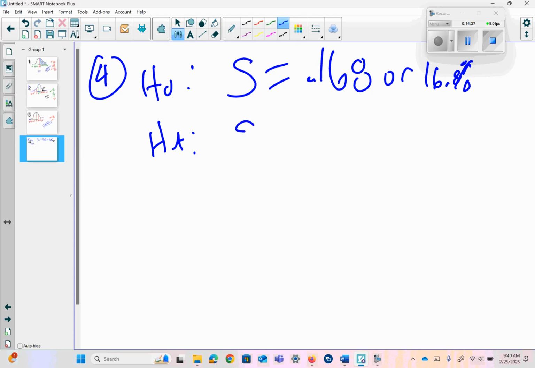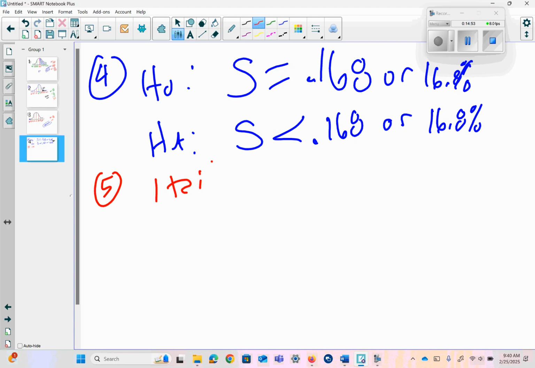And the alternative: smoking is less than 0.168, or 16.8%. Is this one or two tail? One tail. So I'm just going to put that we have less than, because we're searching for lower.